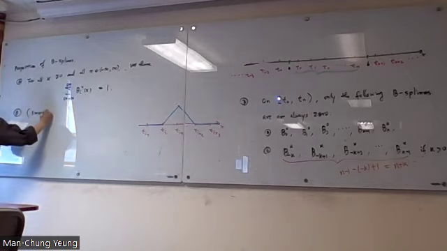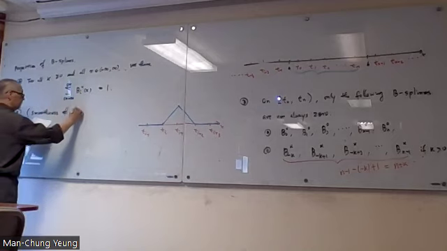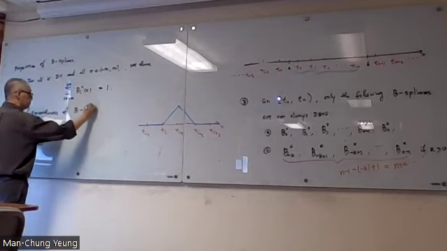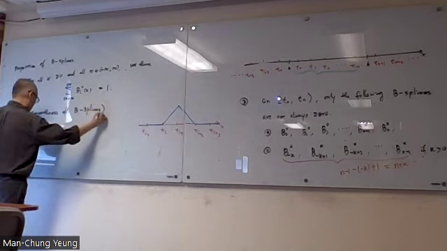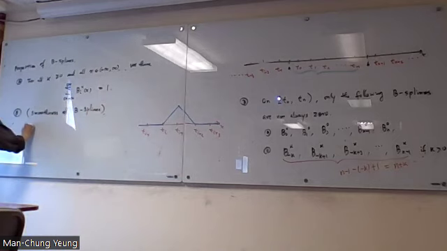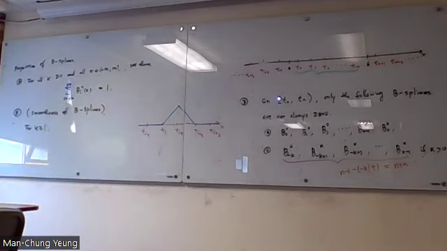For k greater than or equal to 1. For k equal to 0, the graph is 1, then 0, right? You can see a jump.